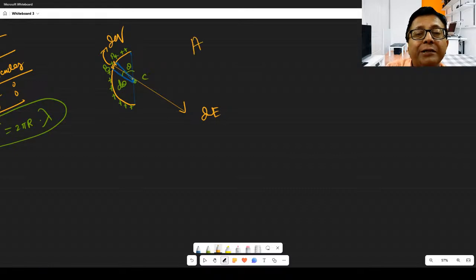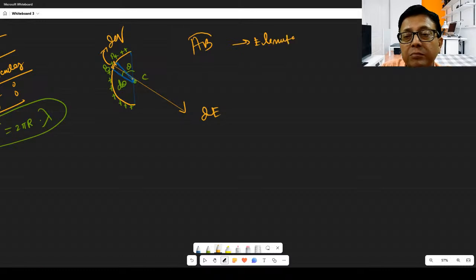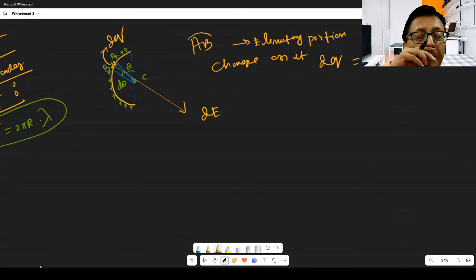AB is the elemental portion. What is the charge on it? Charge on it, dq, equal to lambda into what?